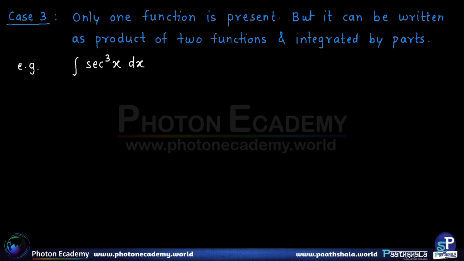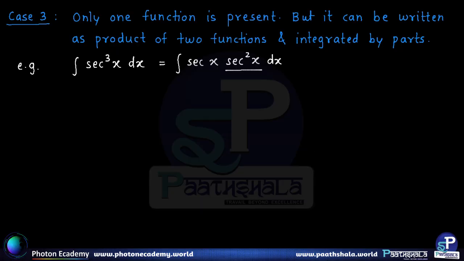Right. Now here we see that if we break it as sec x into sec square x, now you see that sec square x is easy to integrate because its integral is nothing but tan x, isn't it? So that is what we consider here, and now we use the integration by parts.